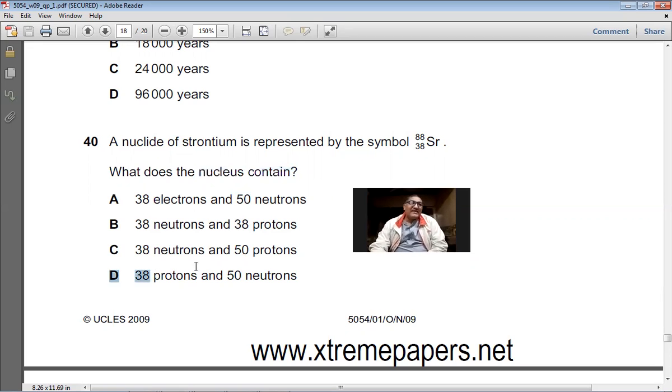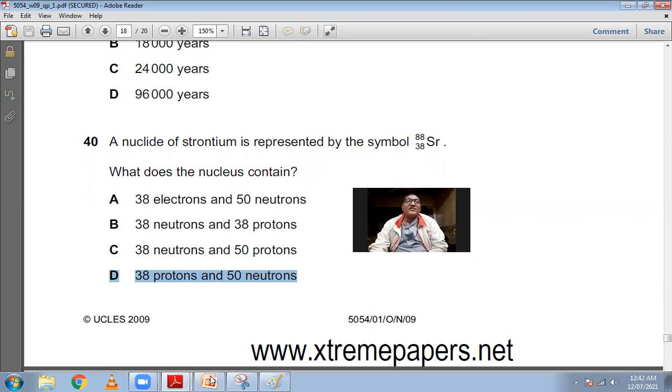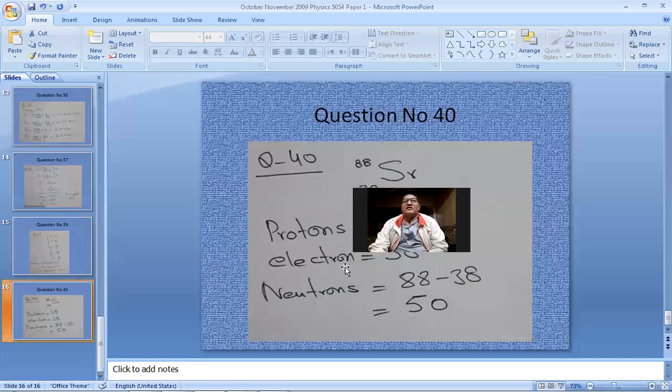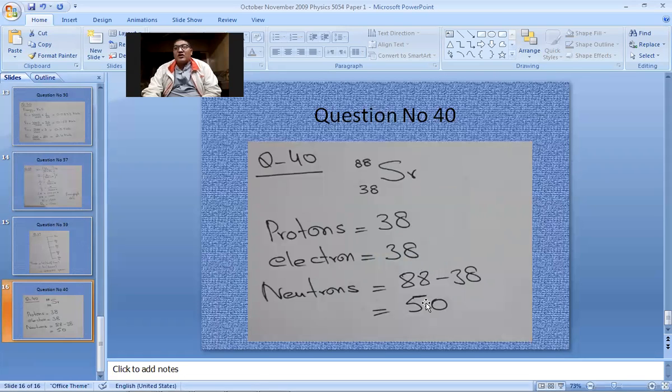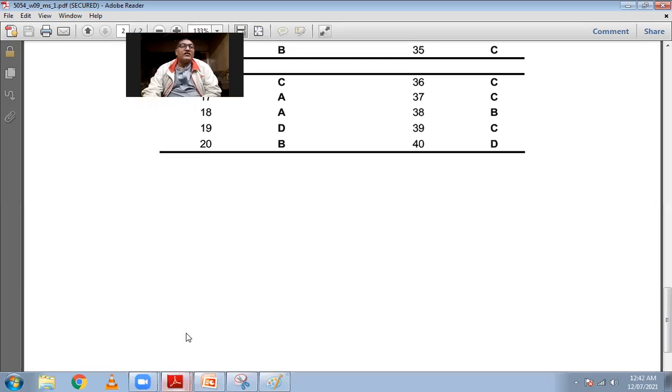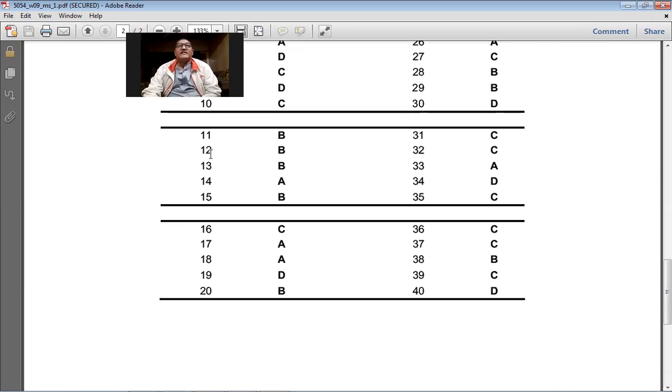So I think D is the best option: 38 protons and 50 neutrons. The question is, what is inside the nucleus? We don't have electrons in the nucleus. These electrons are outside the nucleus. So let's check the answer. D is the right option.